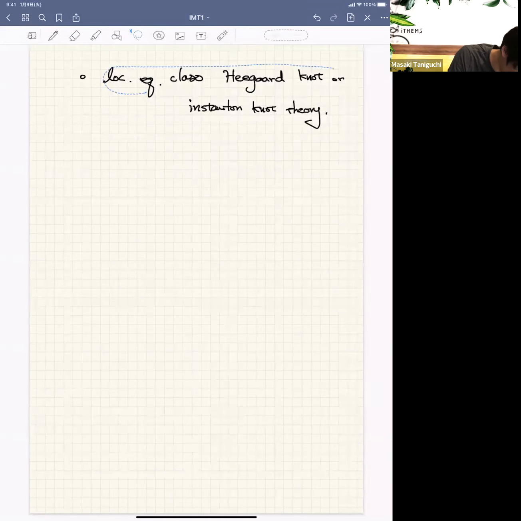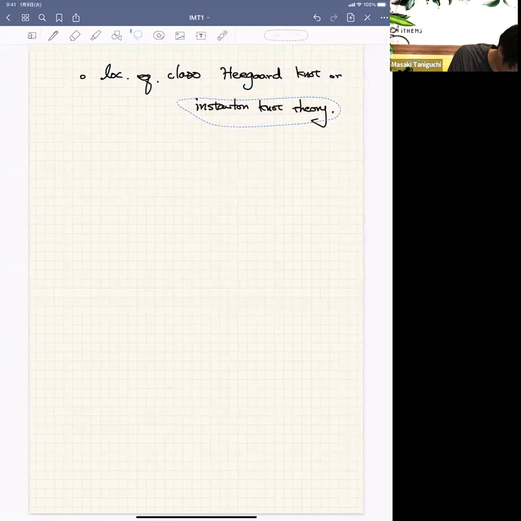This is a generalization of the previous numerical invariants.